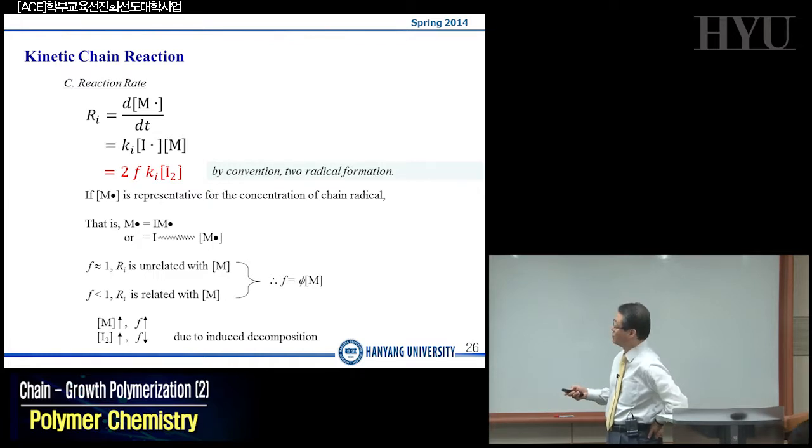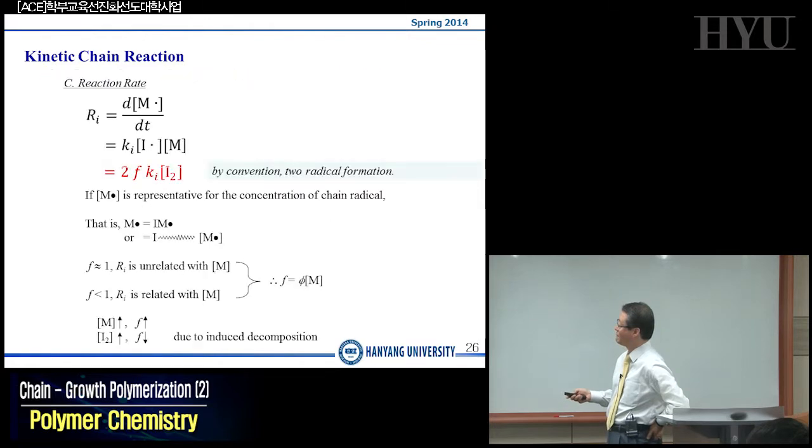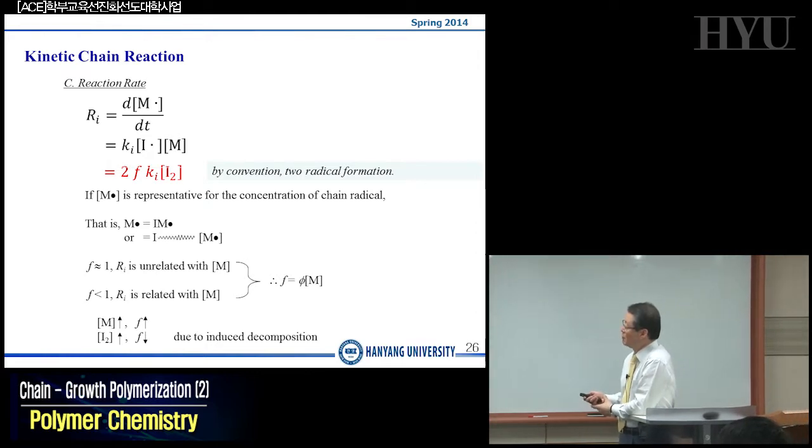And if I go back to the previous case, this is I2 and Kd, and you form the 2 I dot, so you can replace this as well. And it will become the F, which is the initiator efficiency factor, and it will become, I think, Kd times I2 with the 2. You form the 2 radicals from one initiator, so the 2 will be the convention.